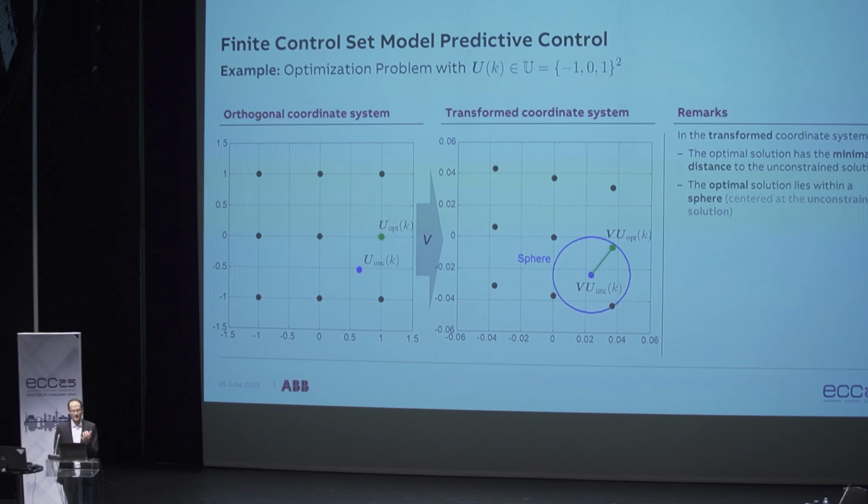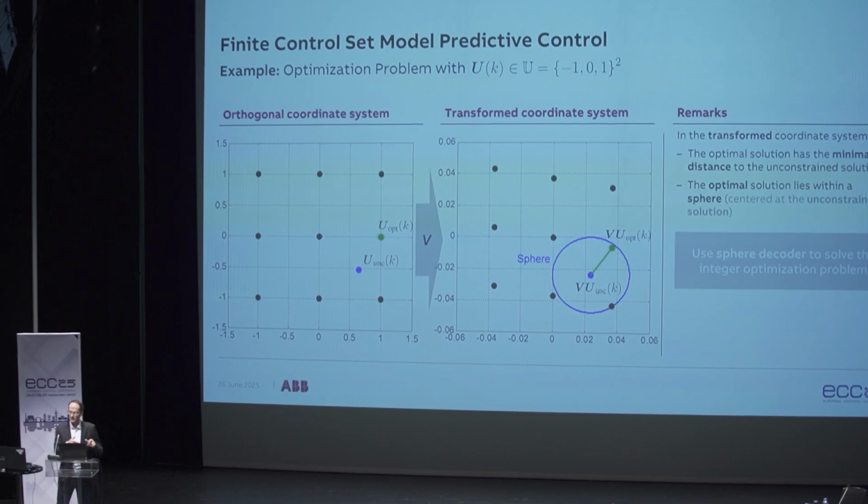And that means if you have an integer point, let's say you have an educated guess, or you use the unconstrained solution and you round it, then you only need to look at integers within that sphere, within that ball centered around the unconstrained solution. And there is a nice branch and bound method that exactly solves that problem.